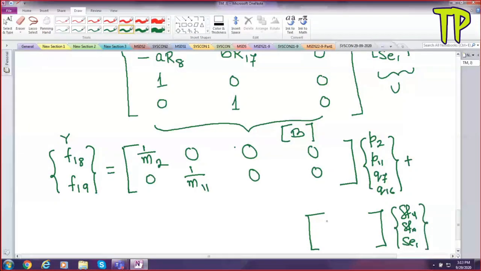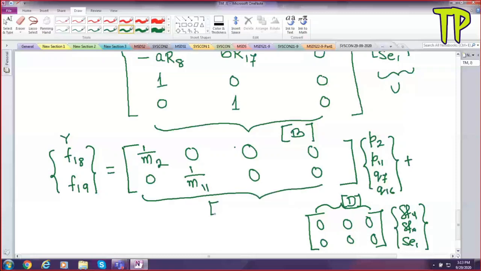So basically, we will have again 2 rows and columns are 3. So this is our D matrix. This is our C matrix.